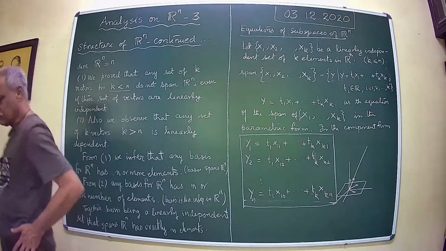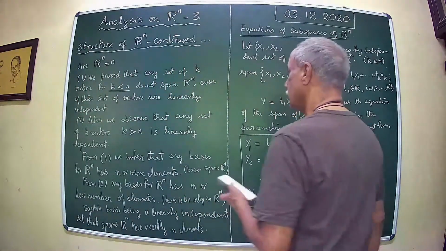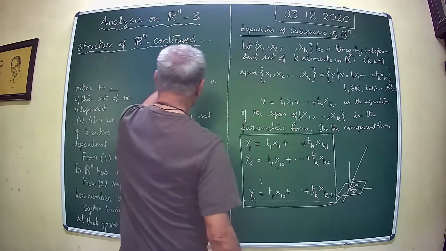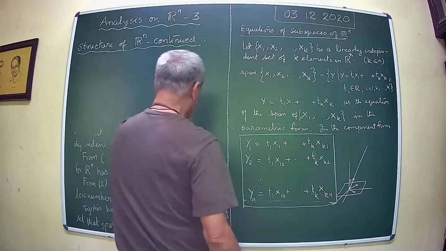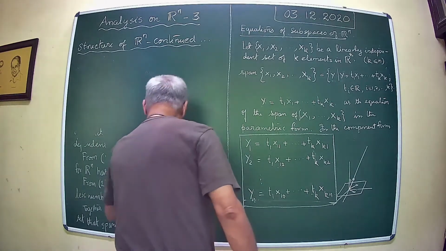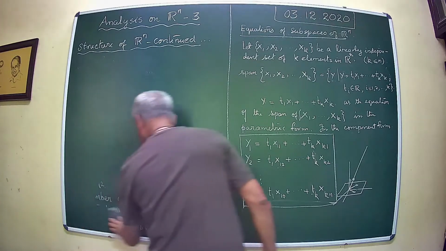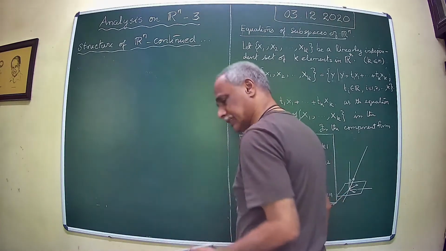So I think maybe for clarity we will look at what happens in the case of R3. Just work it out in the case of R3.